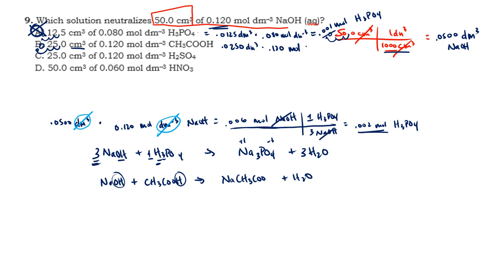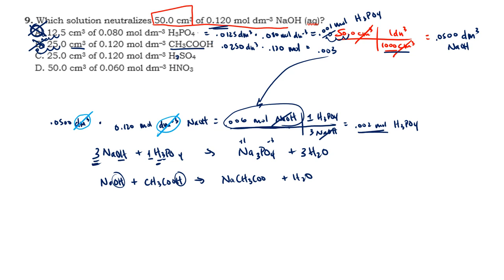It's a 1-to-1 ratio, so I need equal moles of sodium hydroxide and my ethanoic acid. 0.025 times 0.12 is going to give me 0.003. 0.003, 0.006. Not a match.